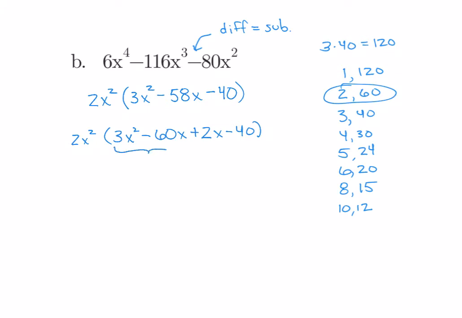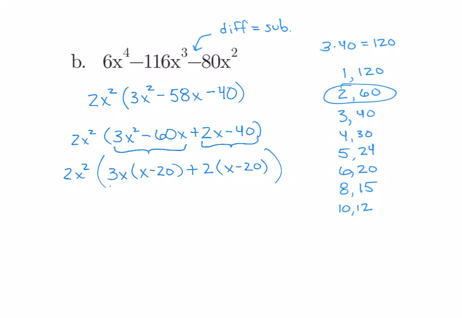All right, first set, we can factor out a 3x. I am left with x minus 20. Second set, I can factor out a 2, and I am left with x minus 20. Bring down our 2x squared.